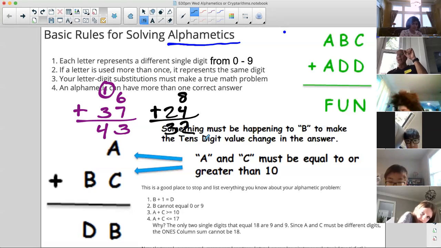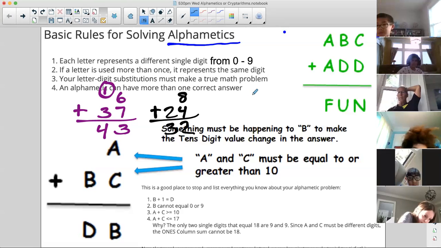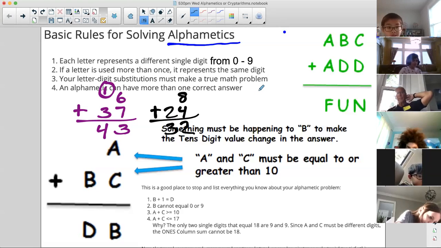Jesse, are you ready to give it a shot? Luke, what about you? 6 and 8 for A and C, and then B is 4.